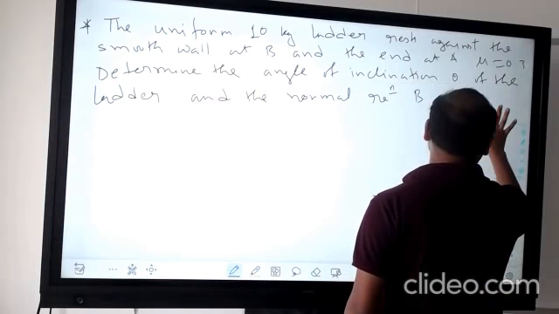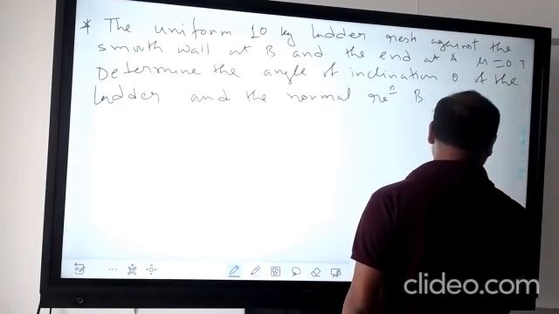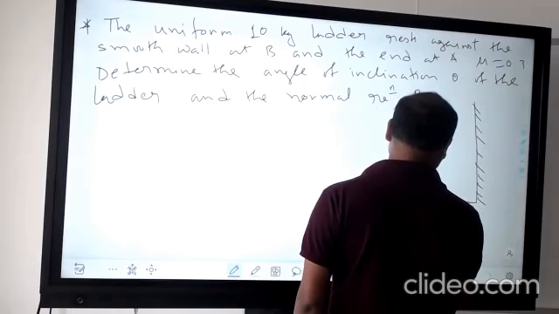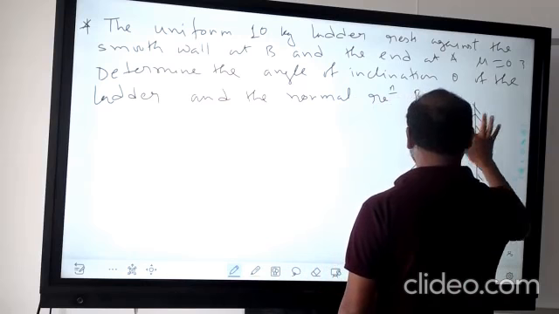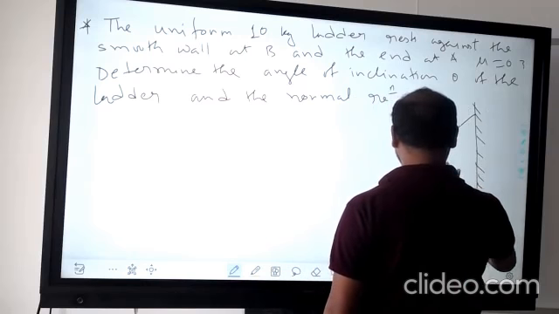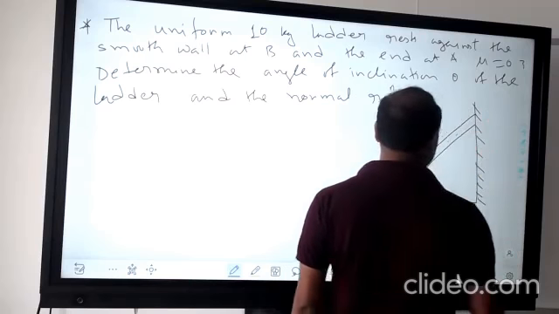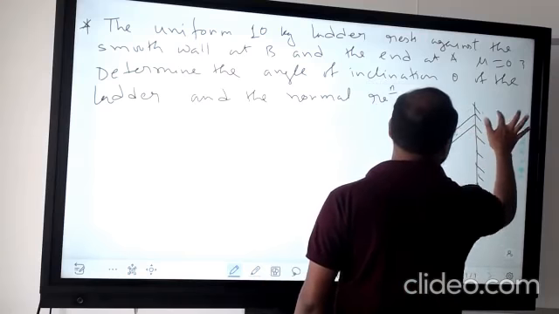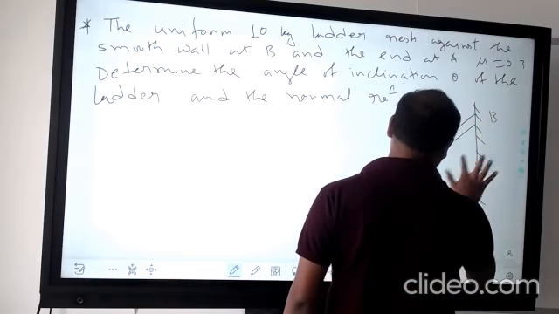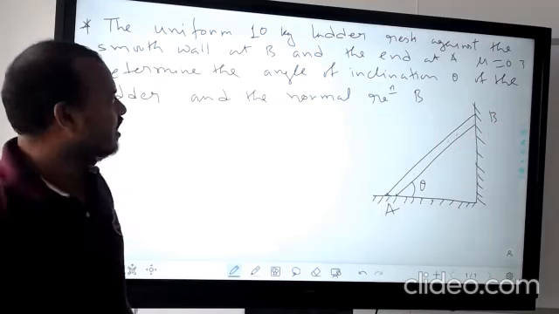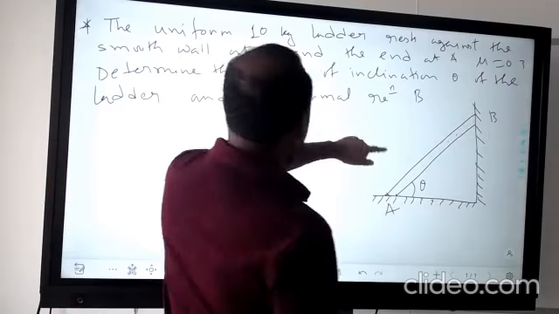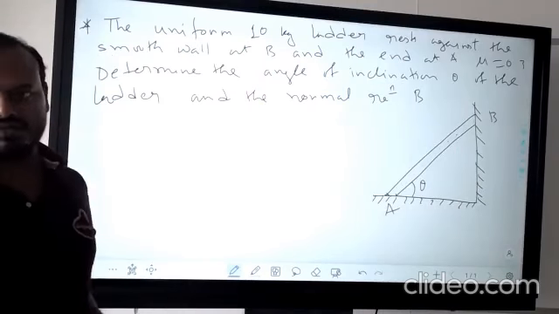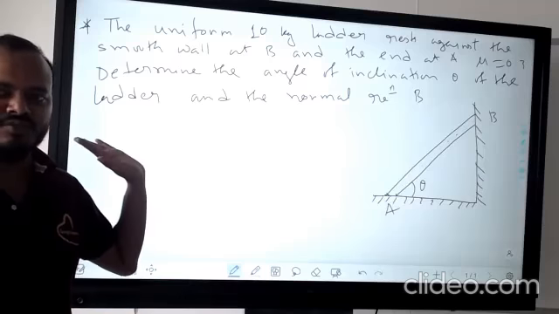Let's say this is your wall, and this is the ladder, and this is point A and this is point B. We have to find out theta, the angle of the ladder, and the normal reaction at B. So free body diagram is important.